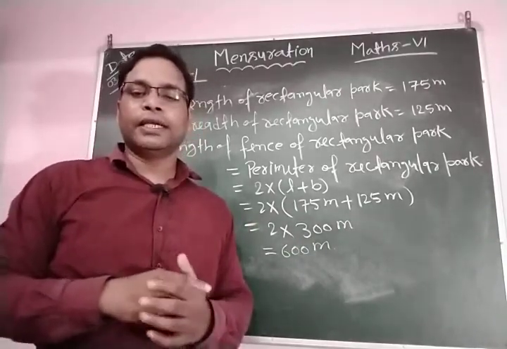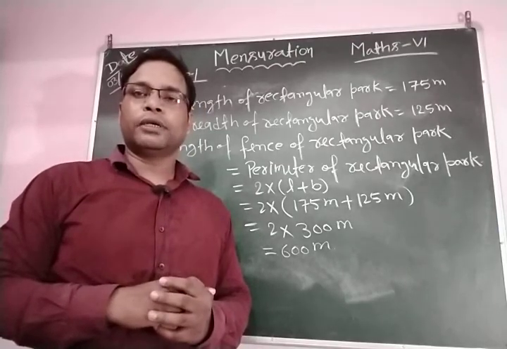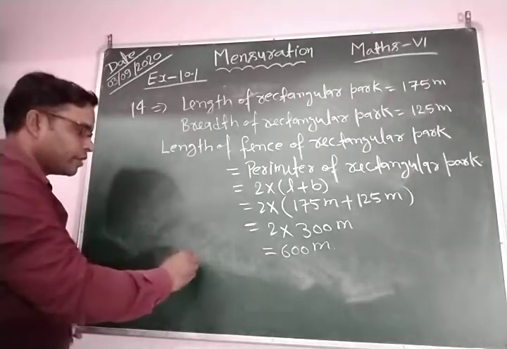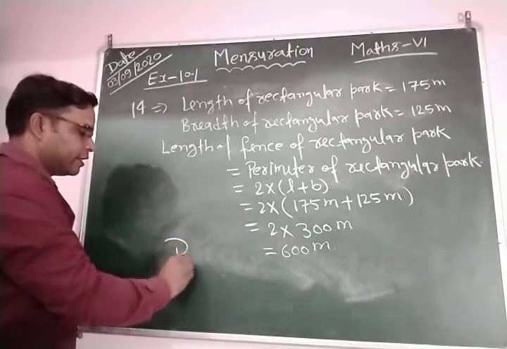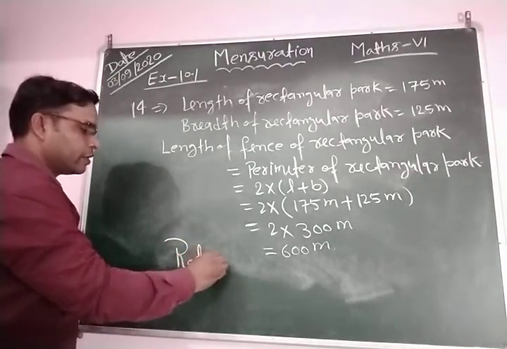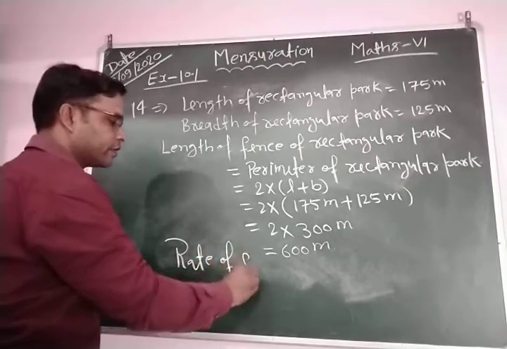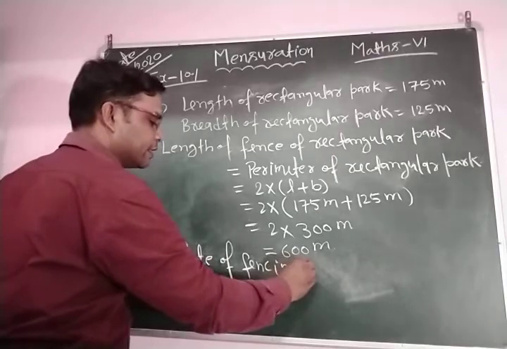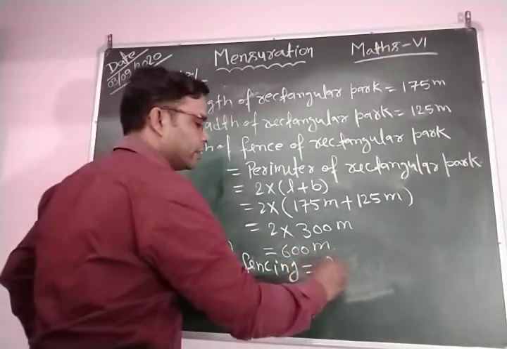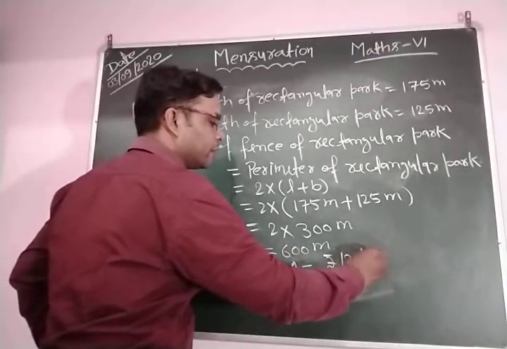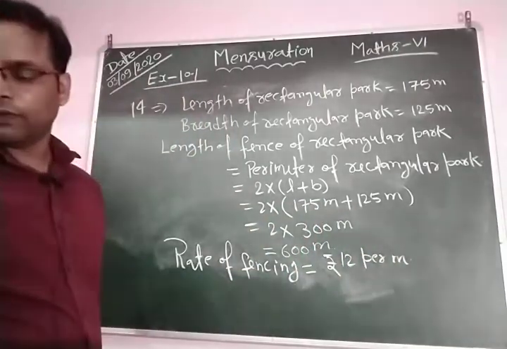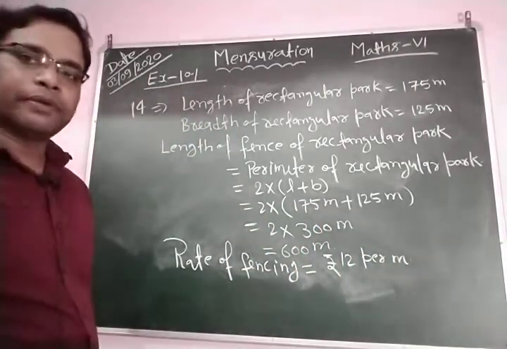Now a rate is given. What is the rate? The rate is 12 rupees per meter. Okay. So here the rate of fencing is equal to rupees 12 per meter. Okay, this is given. We need to find the cost of fencing.